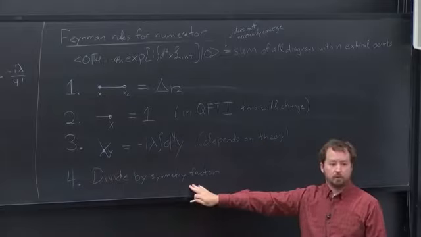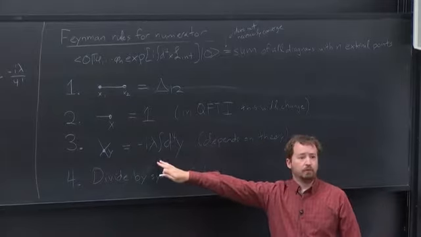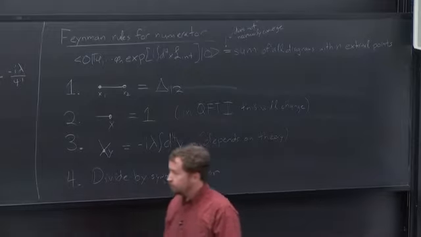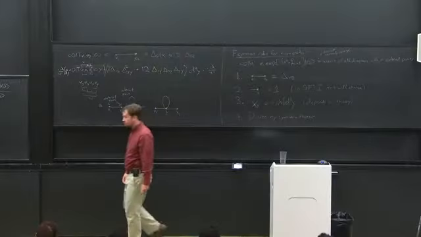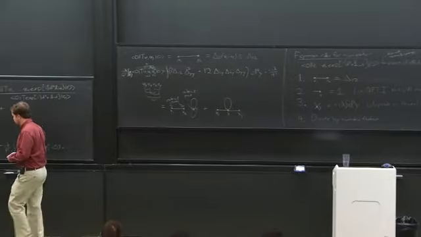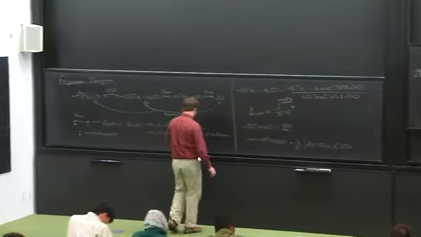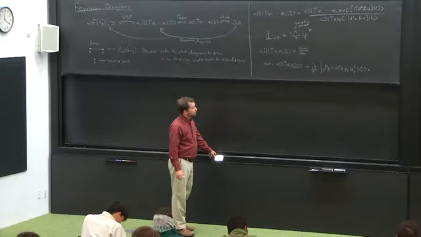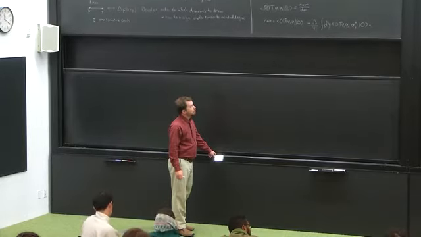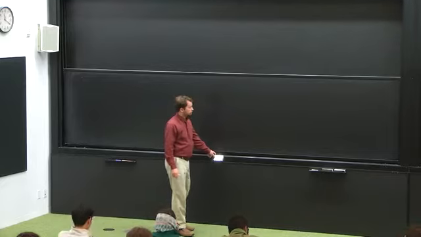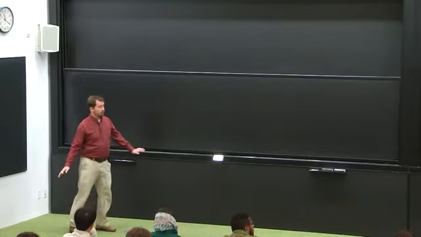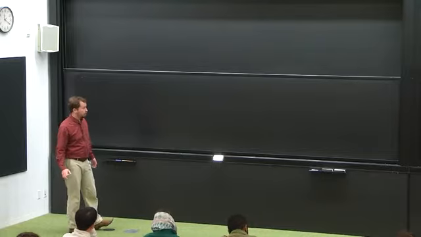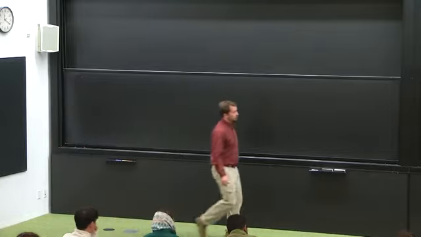This requires some more explanation, but this is where I'm accounting for the 4 factorial. There are two equivalent ways to determine the overall numerical factor associated with a given diagram. One is the Wick's theorem counting, which I did before.